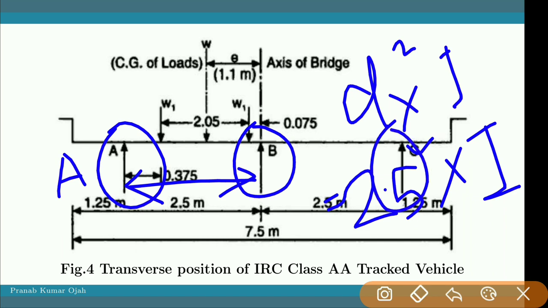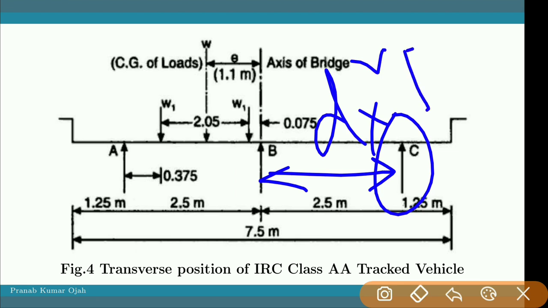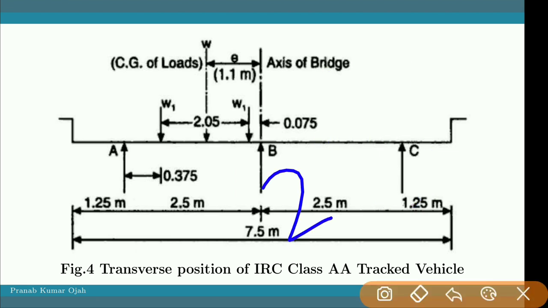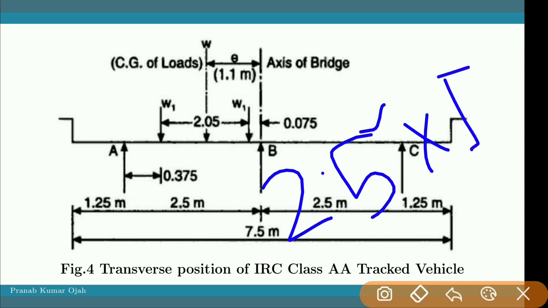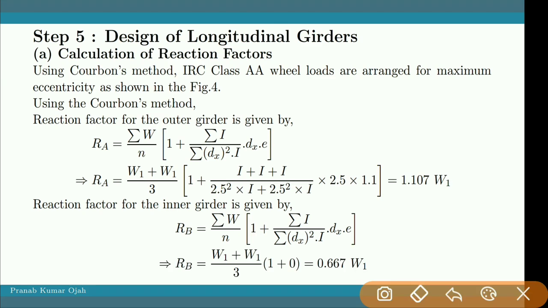Next, for the girder C, the dx will be 2.5, so dx square into I equals 2.5 square into I for the girder C. So in the equation, this is for A and this is for the girder C, and for the girder B, dx will be 0.